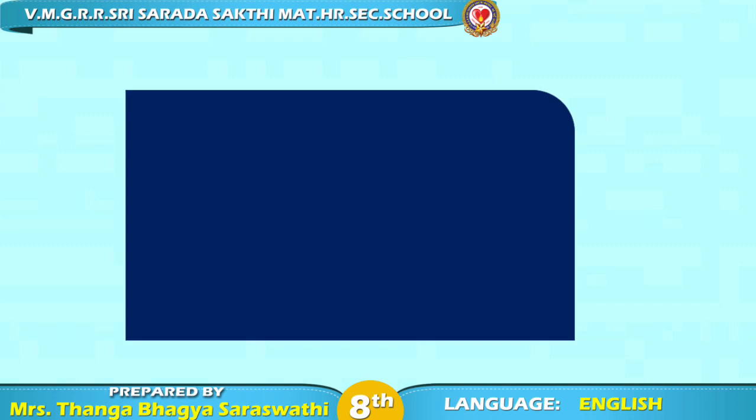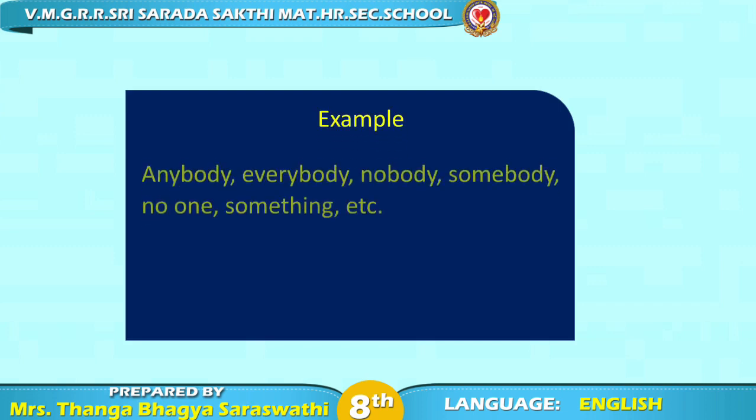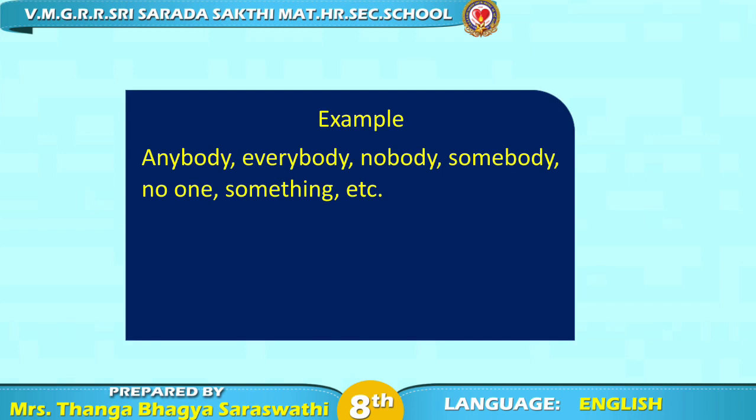So what are the indefinite pronouns? Anybody, everybody, nobody, somebody, no one, something, etc. From these words we may notice that they are not mentioning a particular person. They are mentioning some person, but not any specific person or thing.